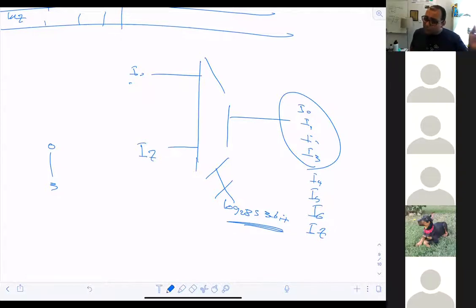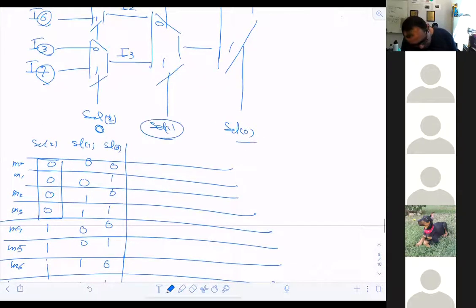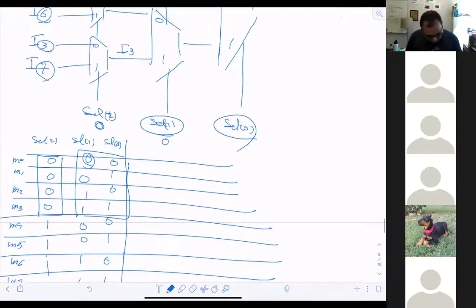Do you remember when we made the 2x1, I0 and then I1? When we make a 4x1, I0, I1, I2, I3, and so on, right? For 8, it will be what? I0, I1, I2, I3, and 4, and 5, and 6, and 7, right? Anyway, those two will be acting as those, right? So if select one is equal to 0, that means I'm covering this too, right?